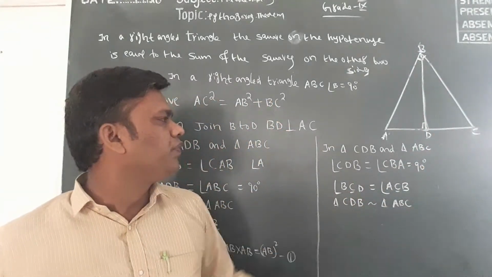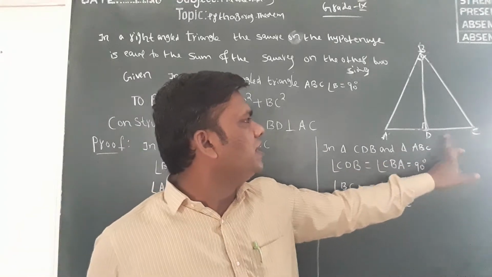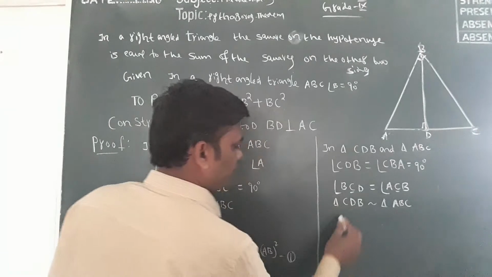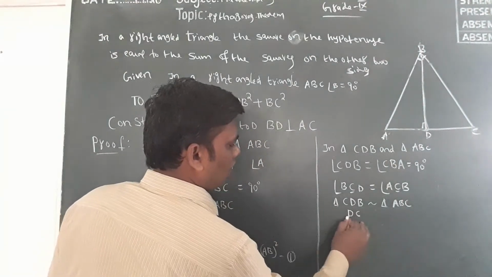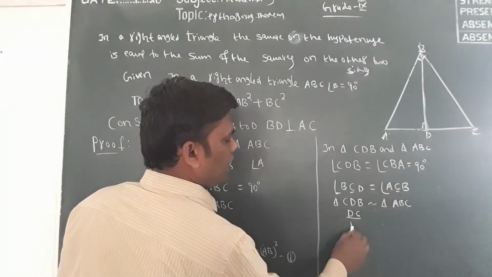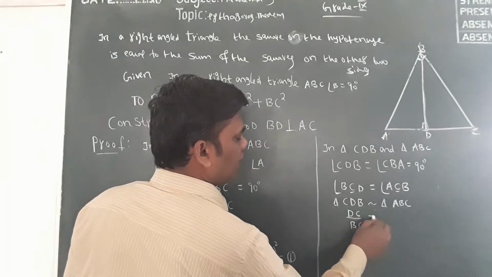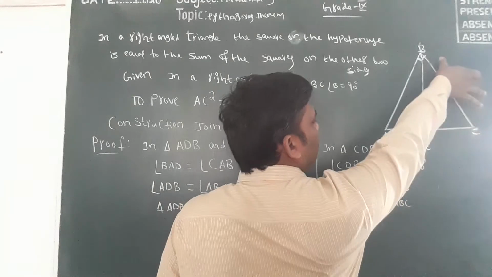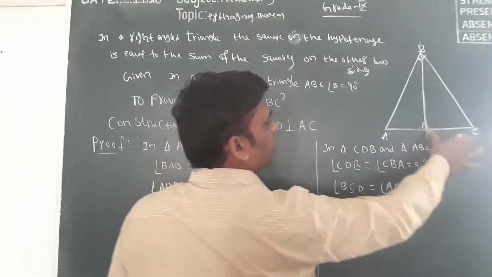So now, CDB triangle is similar to ABC triangle. DC upon BC is equal to, this is in the CDB triangle.